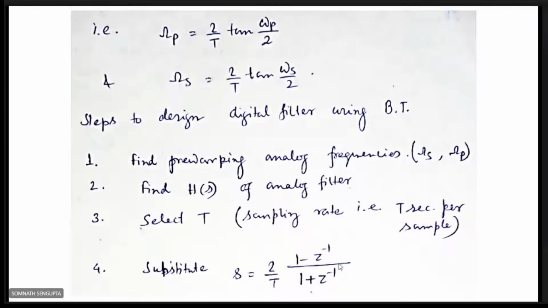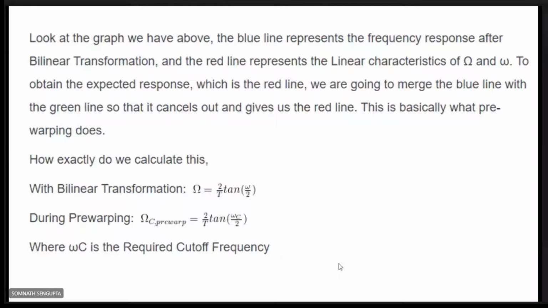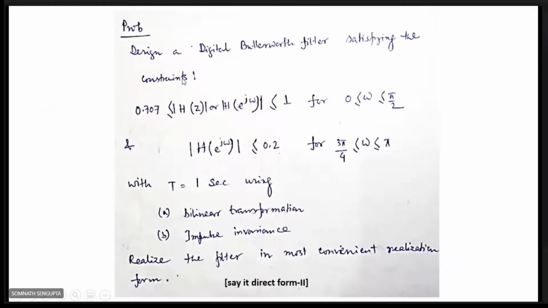Now let us see one example: design a Butterworth filter satisfying the constraints that the magnitude of the digital filter is within 0.707 to 1 for omega.